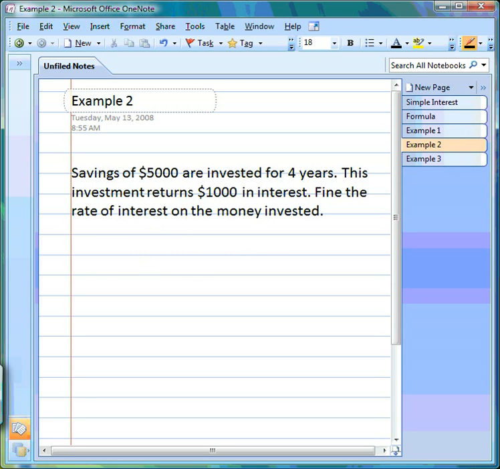Second type of problem. Again, we need to start with our formula. Interest equals principal times rate times time. And then we look for each part. Savings of $5,000 are invested for 4 years. So your savings is $5,000.